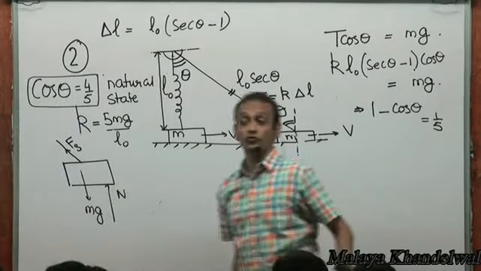Work done by all forces put together: the spring force is the only force doing work, and that must contribute to the change of kinetic energy. Work done by the spring force would be negative of the change of elastic potential energy.